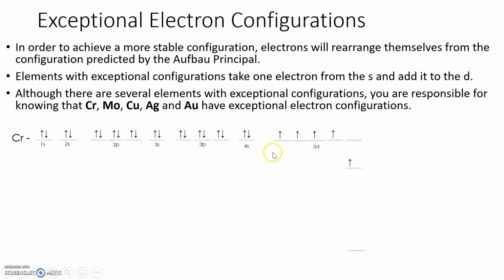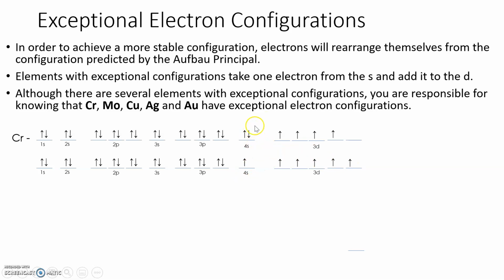Chromium first. If we were to do the electron configuration for chromium, here's what it would look like. You can notice right there, chromium is 3d4. It's 1 electron away from having a half-full sublevel. So what chromium will do is take 1 electron from the 4s, and now 4s is half full. This is not a bad place to be because it's a half-full sublevel.